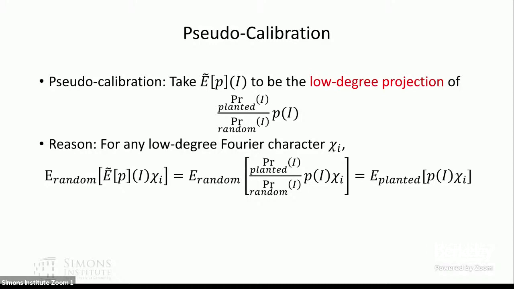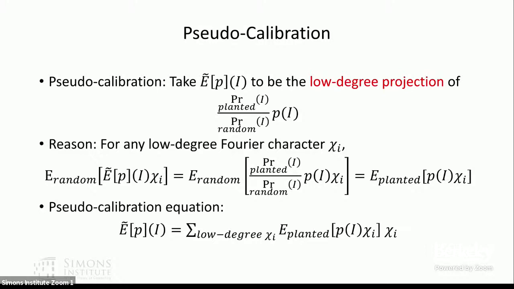So what this is saying is that as far as low degree tests are concerned, the pseudo expectation values over the random input behave like the actual solutions over the planted distribution. And this gives us the following equation.